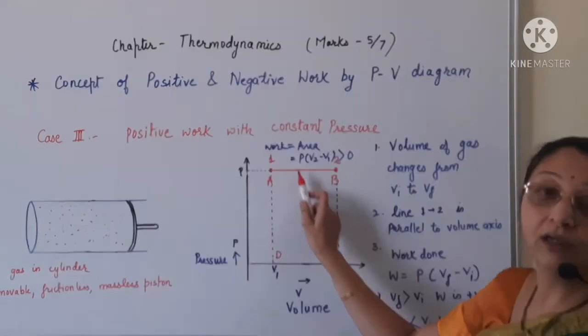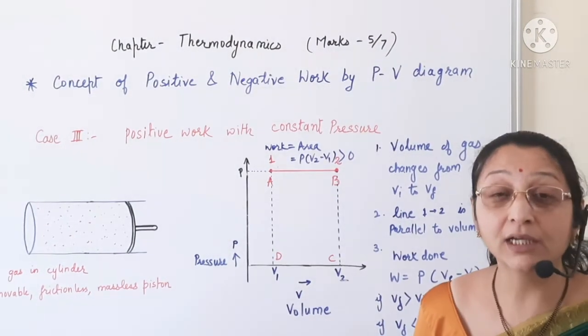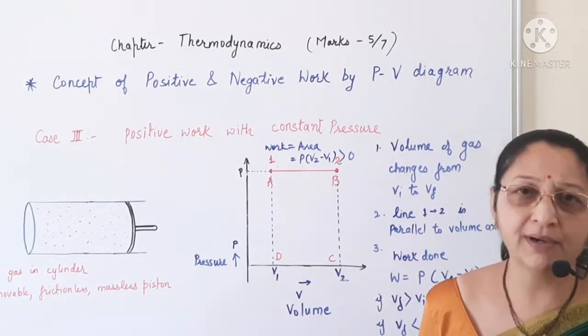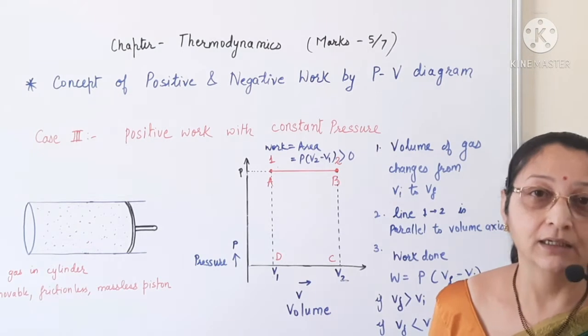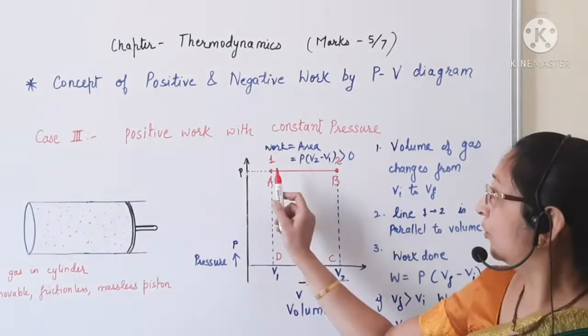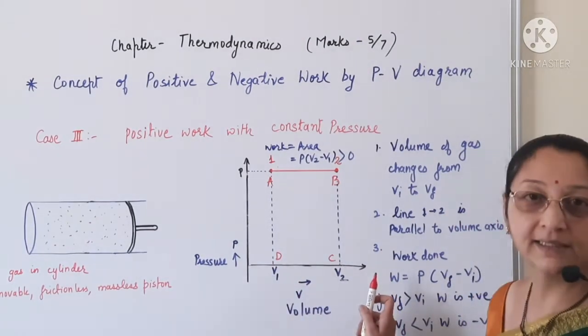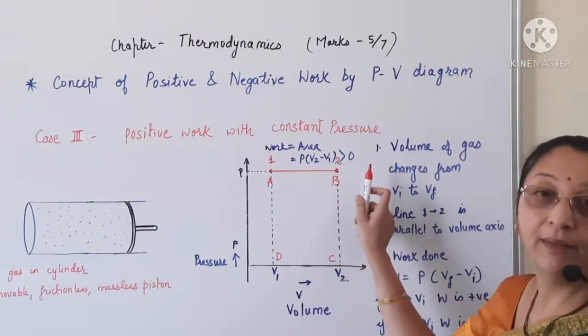Here it is not a curve because the pressure is not variable. The pressure is constant, so it is a line, a straight line parallel to the volume axis.